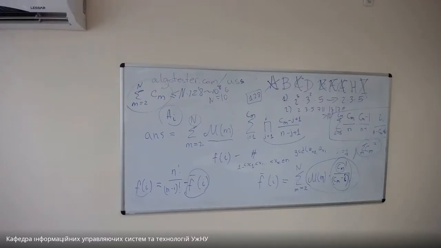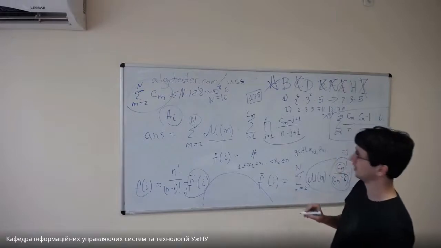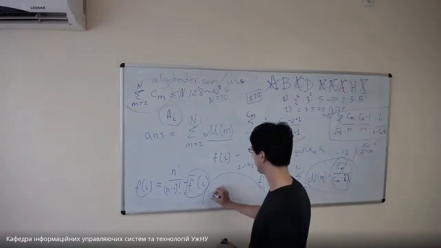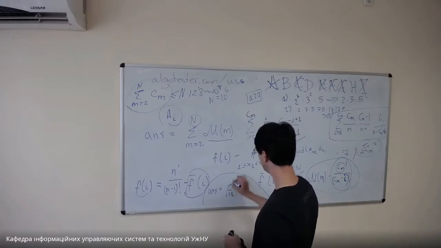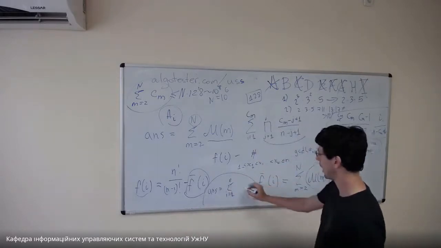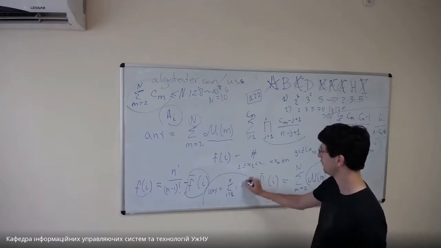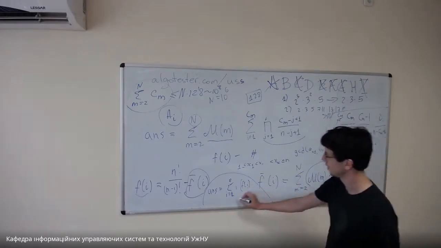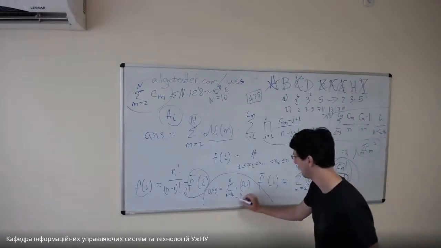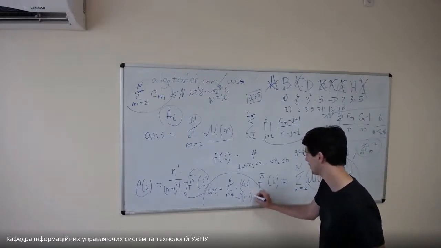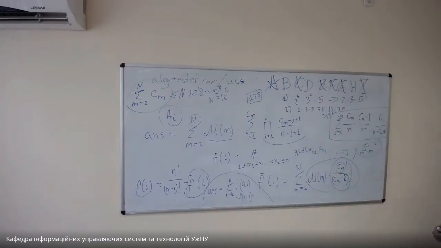But our answer in the initial formulation should be the sum over i from 1 to n of i multiplied by not f of i, but f of i minus f of i minus 1 multiplied by some other coefficient, and they will cancel out.